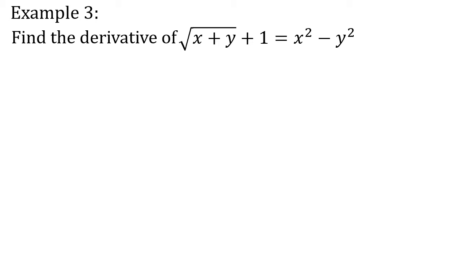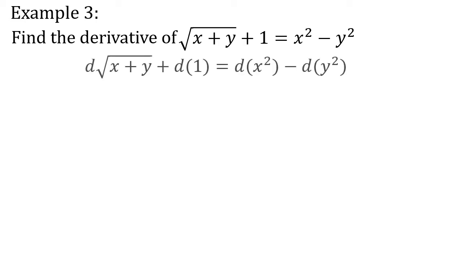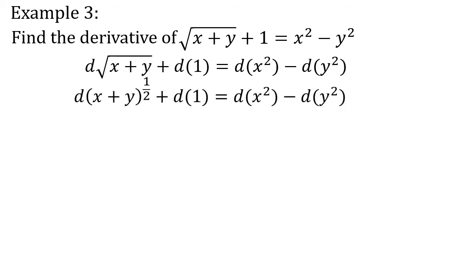Example number 3. Find the derivative of square root of x plus y plus 1 equals x squared minus y squared. Get the derivative of each term. Since this is square root of x plus y, let us write it in rational exponent.